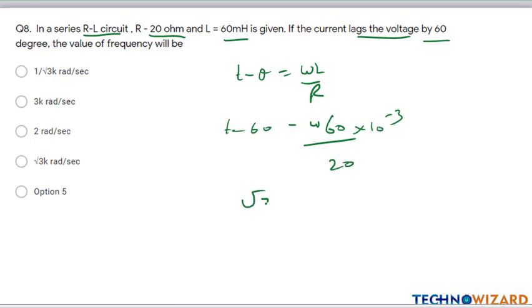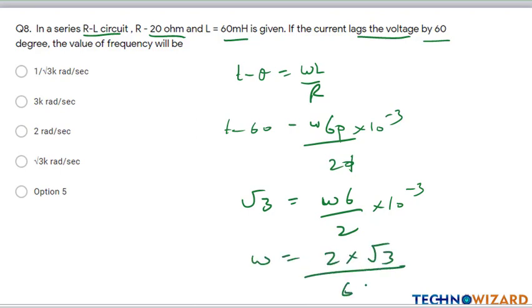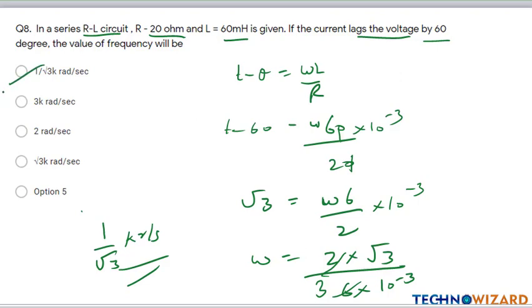Tan 60 is root 3. On finding the value, we will get omega equal to 2 into root 3 upon 6 into 10 to the power minus 3, which is equal to 1 upon root 3 kilo radian per second. Option A is the correct answer.